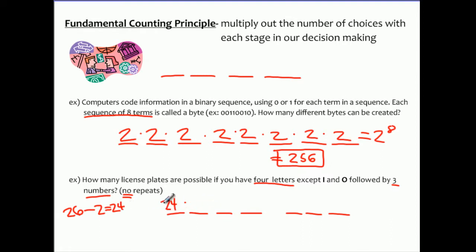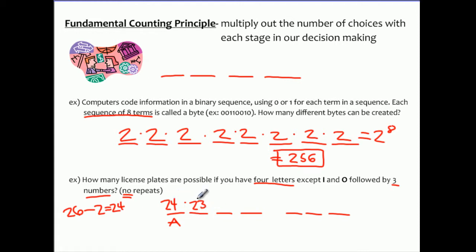Now for the second spot, say we chose an A for the first spot. For the second spot, we could not choose A or I or O because this has been excluded from the options. So now we have only 23 choices left for the second spot.